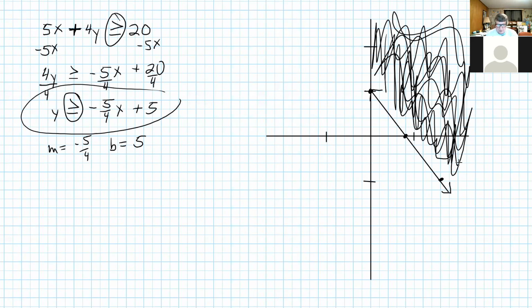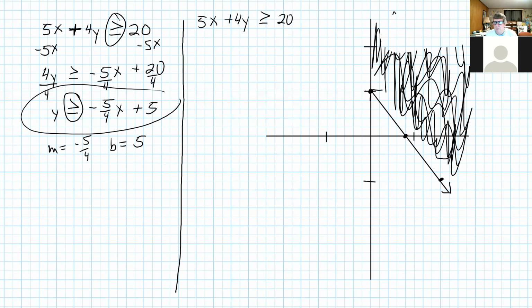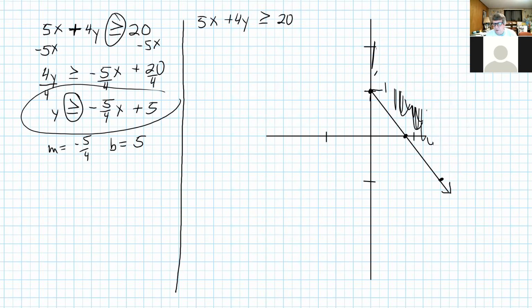All right, I'm going to go back and solve it a different way. Now we're going to solve it by finding ordered pairs.